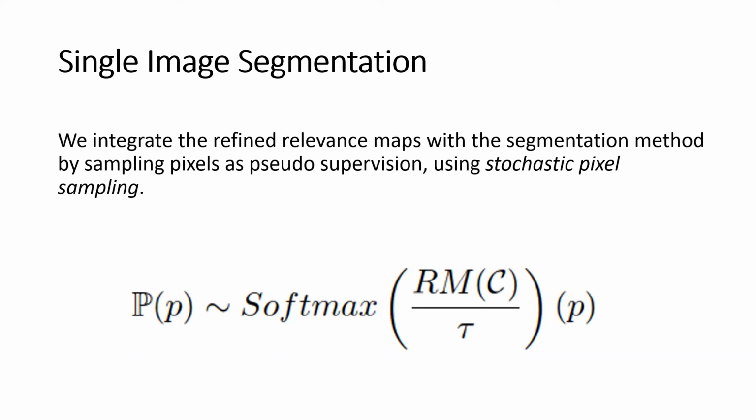So now we have a high accuracy relevance map, and we want to integrate it as pseudo supervision for single image segmentation techniques. So how did we do it? We sampled the pixels stochastically as pseudo supervision using the following formula, where tau is a temperature parameter.